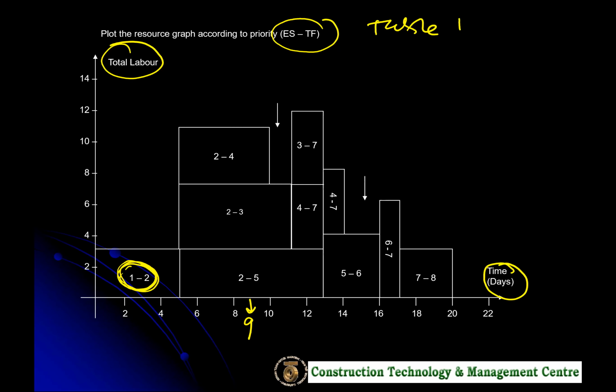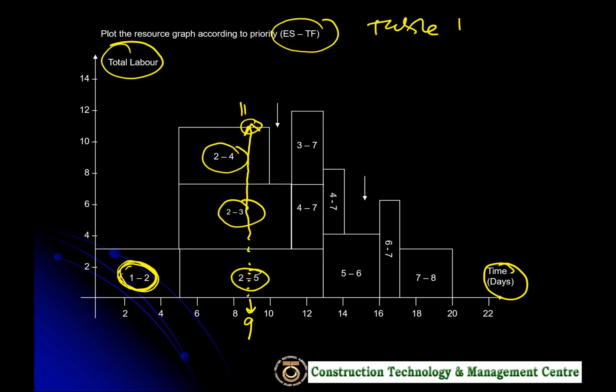Based on this graph, you already know the total here, the total number of workers is 11. And where do these workers work? 3 of them will be working on activity 2.5, and then 1, 2, 3, 4 will be working on activity 2.3, and the rest will be working on activity 2.4.